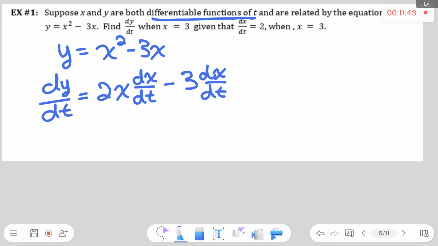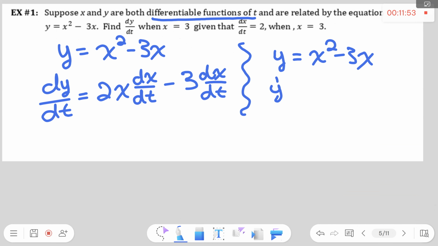If it's the derivative with respect to x, like y equals x squared minus 3x, then y prime is dy/dx. So you're taking the derivative with respect to x. That's when you just do the easy stuff. But since it's with respect to time and we don't have time here, we have to do the chain.